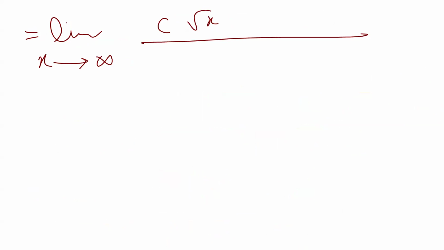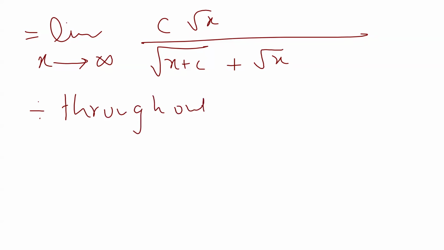Limit x approaching infinity, c root x upon root of x plus c plus root x. Now see, you have to divide throughout by root x, because the maximum power of x is half.